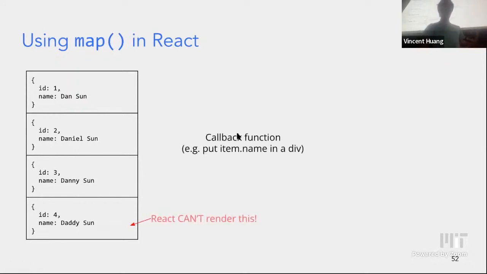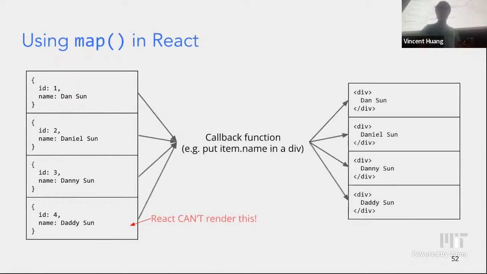So instead, we have to give each of these array elements its own div. The way we do that is we'll use map, and for each map element, we'll return a div. I'll show you guys the actual code for this different example. Once we have these divs, React can actually render this because it's in HTML.